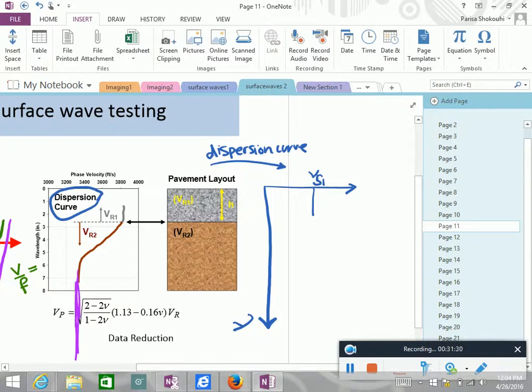Once we start going into the second layer, it will be a combination of Vs1 and Vs2, depending on how much of my wavelength is inside layer 1 or layer 2. Since the second layer has lower velocity than the first layer in this case, it smoothly becomes smaller. And at the end, for larger wavelengths, this will be Vs2, because most of the wave is in layer 2, so the effect of Vs1 becomes minimized. Is it clear?